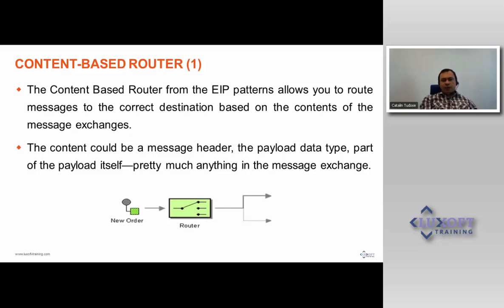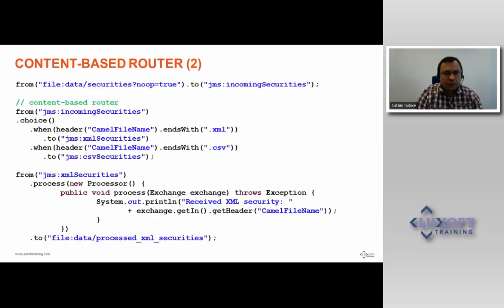What we mean by content is pretty much anything in the message exchange. We can take a look at the format, the data type, the message header, and so on. This is a piece of code that shows how this content-based router is done.